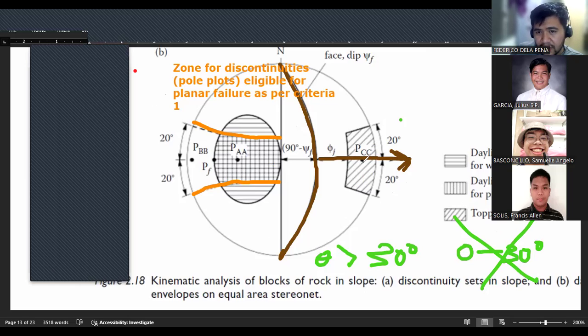If we start with the arc plot form of this criteria, we know that the edge of the net is equal to 0 degrees. If you go to the middle zone, this is your 45 degrees. And somewhere here is your 30 degrees.